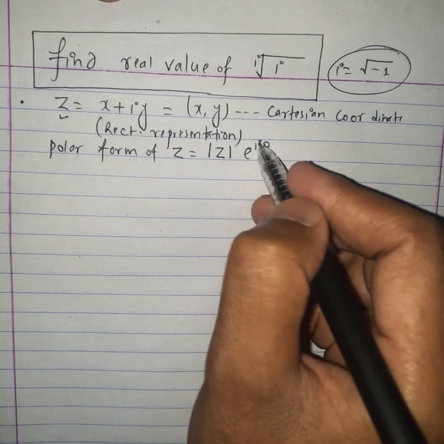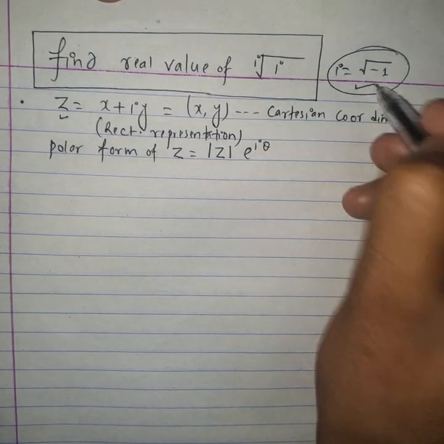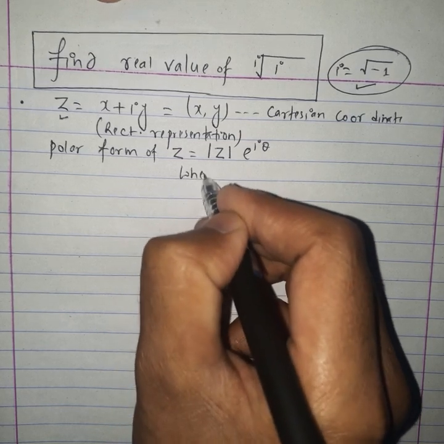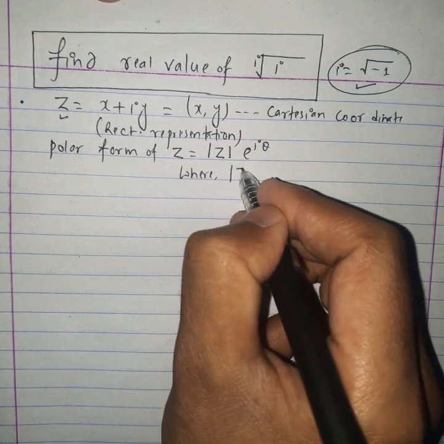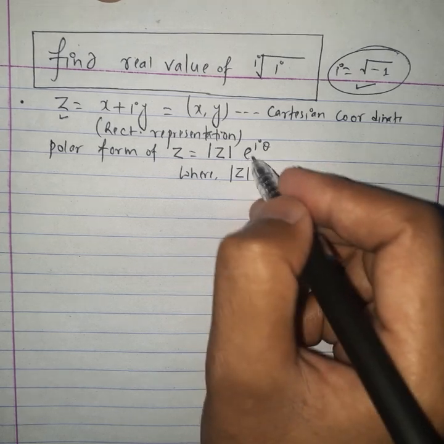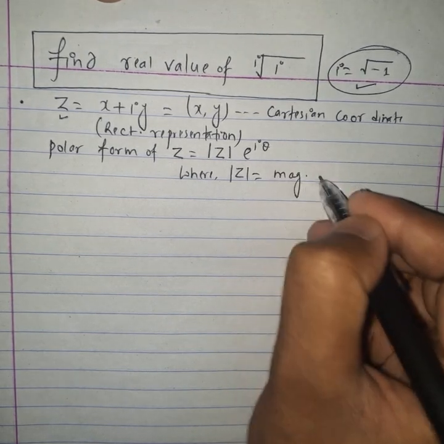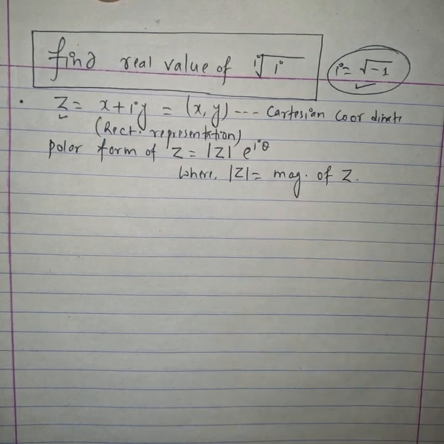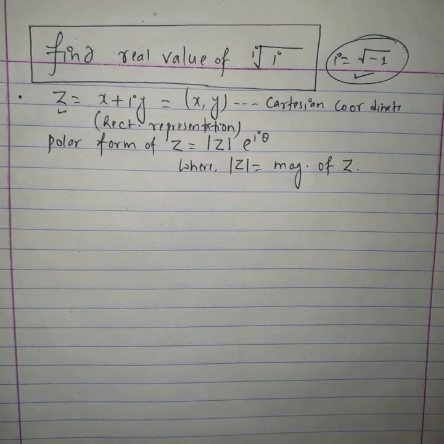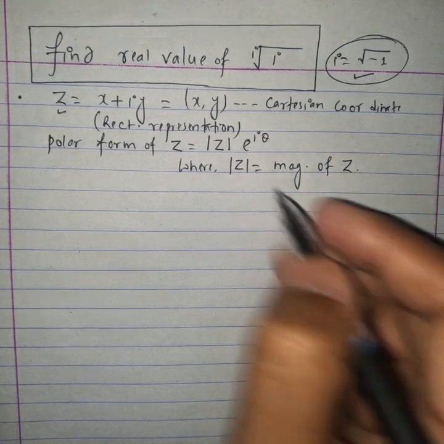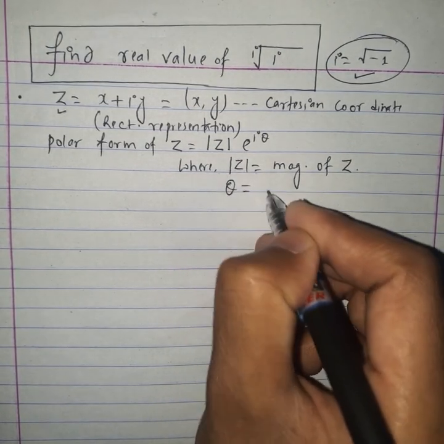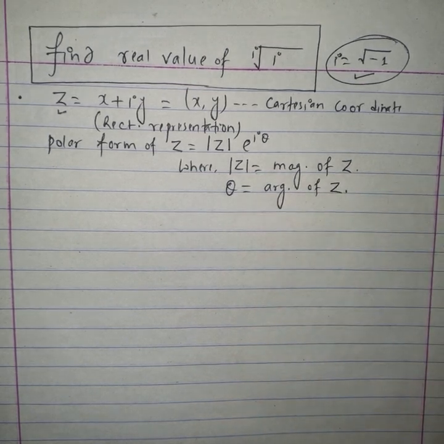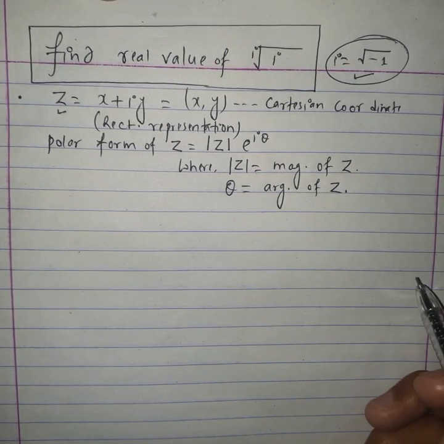Here i is the imaginary unit, and theta is the argument. The modulus of z is the magnitude or absolute value of the complex number, and theta is an argument of that complex number.